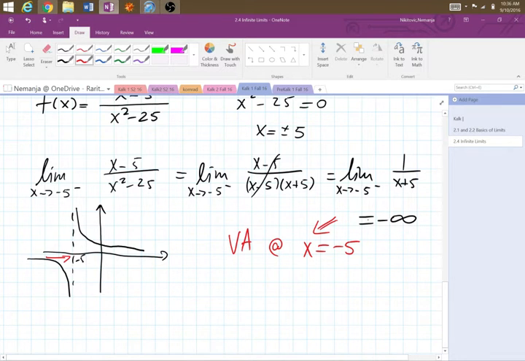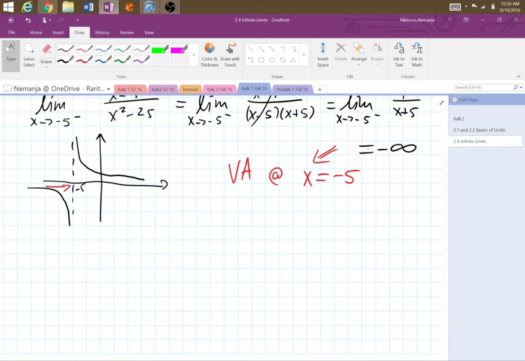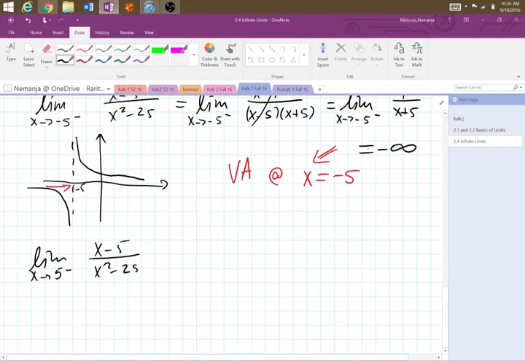We will say whether it's a vertical asymptote or not. Cool. Next is the positive 5. So the limit as x approaches positive 5 from either left or right, doesn't matter, of x minus 5 over x squared minus 25. We know that it, again, cancels.